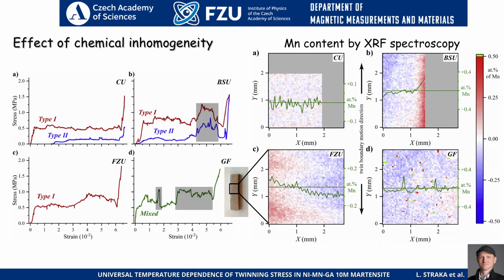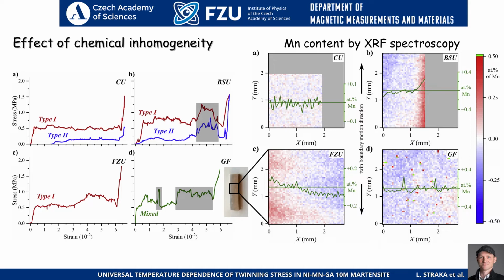In CU sample, unfortunately, it got broken in some additional experiments, so we could recover only a small part. But anyway, what we see is that 3 samples, CU, BSU, and FZU, show only smooth compositional gradient. It corresponds to the case that we can create type 1 twin boundary, type 2 twin boundary. In Goodfellow sample, we can see very sharp changes in composition locally.